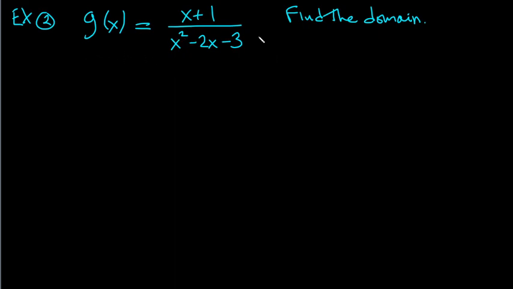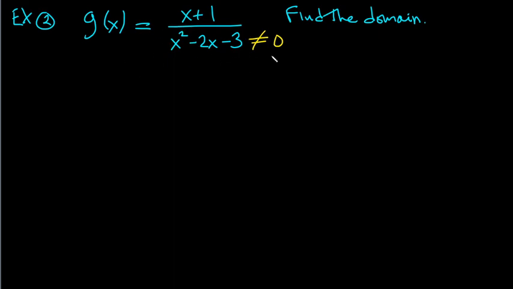In this case, we have to look at the denominator. If you remember, you can divide by any number except 0. So we have to make sure that this denominator does not equal 0. Anything that makes the denominator 0 will not be in the domain.